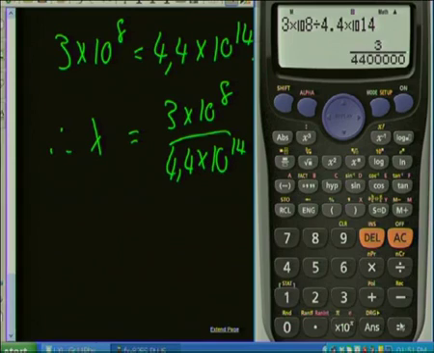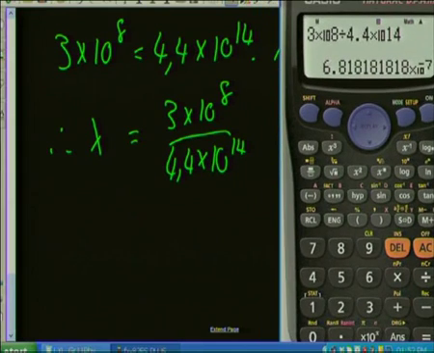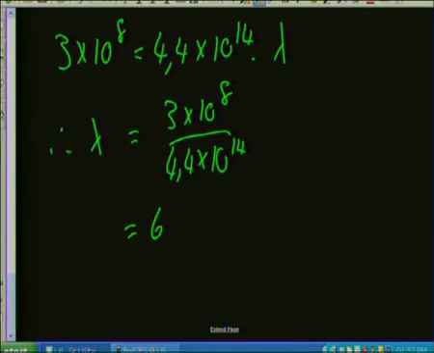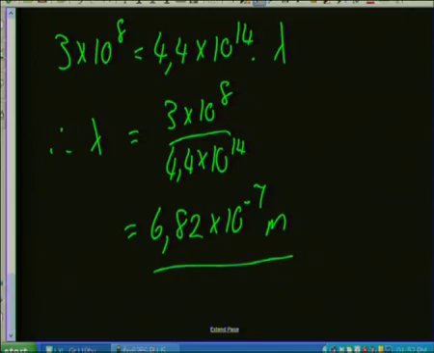And we get an answer in terms of a decimal of 6.81, rounded off to 6.82 times 10 to the minus 7 meters. So 6.82 times 10 to the minus 7, and my answer is in meters.